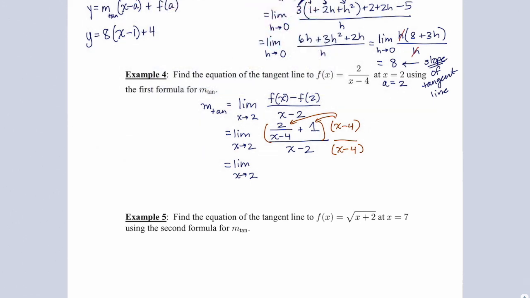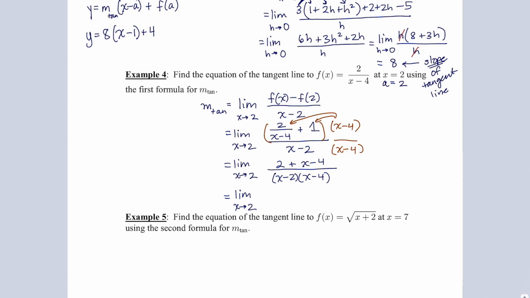And from that first product, when I multiply x minus 4 with that first term, I'm just going to have 2 left. And so I'll have 2 plus x minus 4 divided by x minus 2 times x minus 4. And I always leave that denominator factored because my goal is to eventually reduce that factor of x minus 2. And I'll be able to do that in the next step.